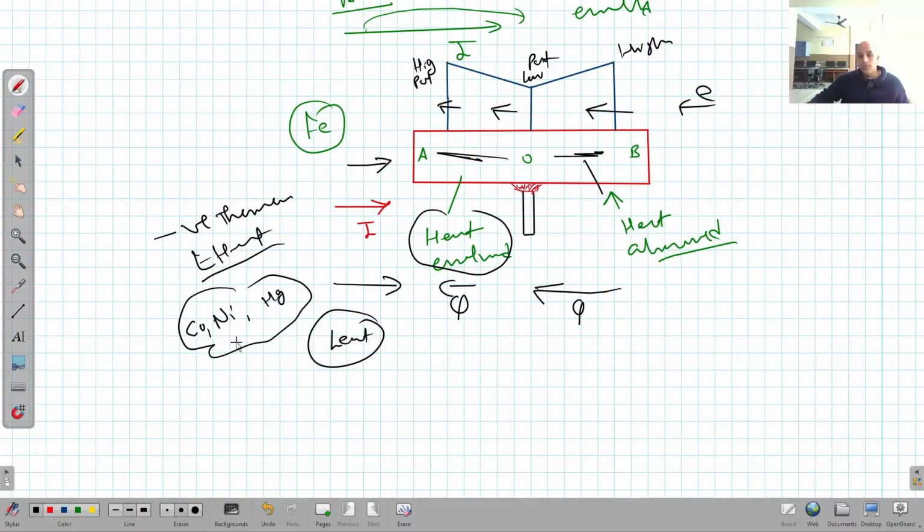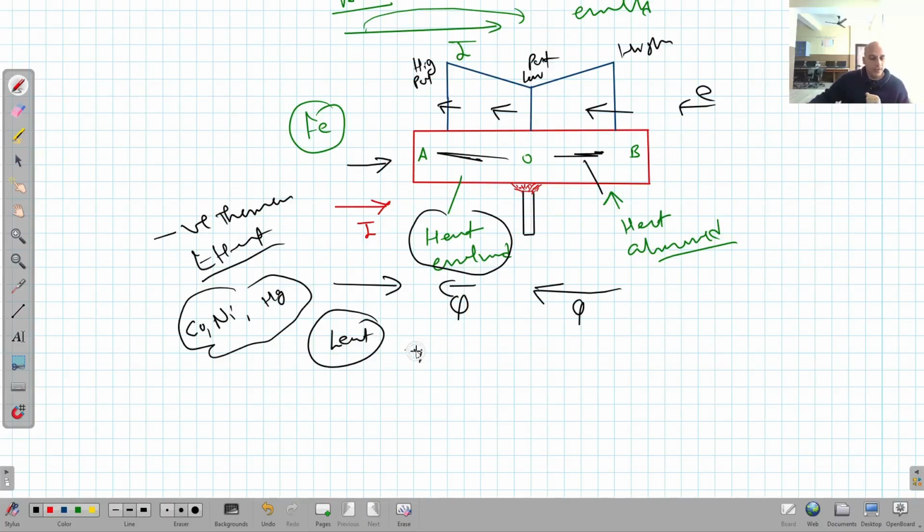It means there is no absorption or evolution of heat when the current flows through lead, when different parts of lead are at a different temperature. So if I take the case of lead instead of iron or copper, there will be no transfer of heat. So Thomson effect for lead is 0.